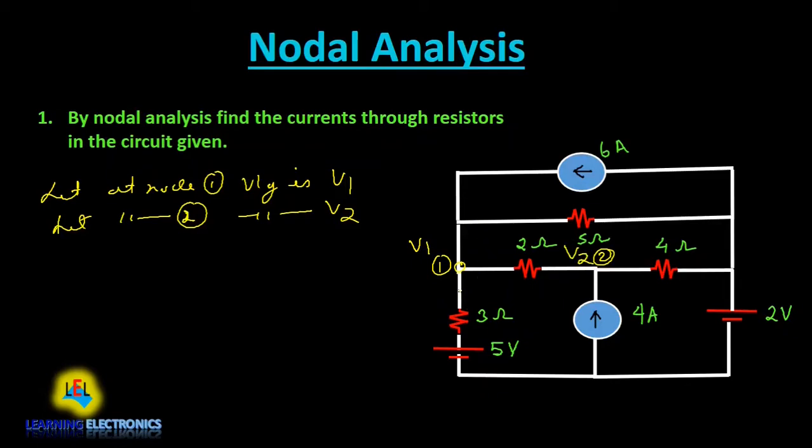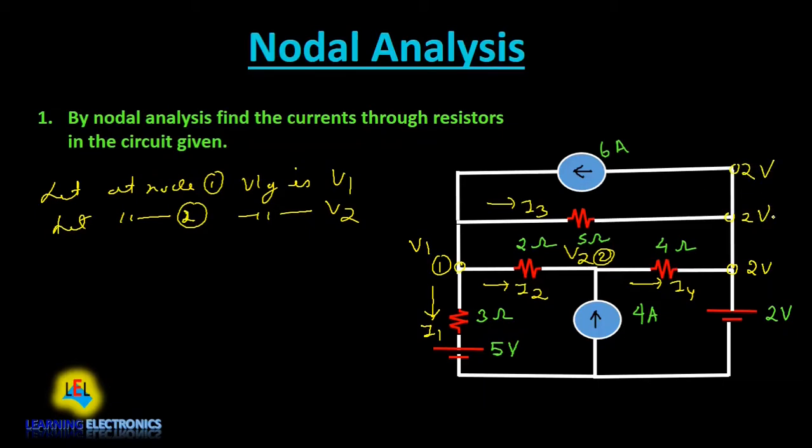Now let us assume the currents here. Here I1 is flowing, here let I2 is flowing, here I3 is flowing, here I4 is flowing. Since no resistance or component is connected in between, there is no drop, so here 2 volt will be there, here also 2 volt, and here also 2 volt.